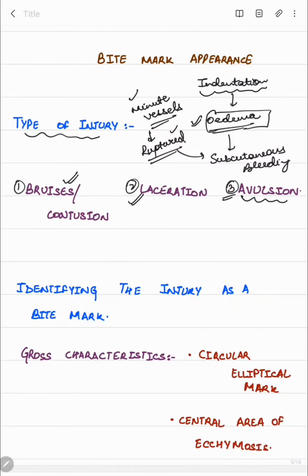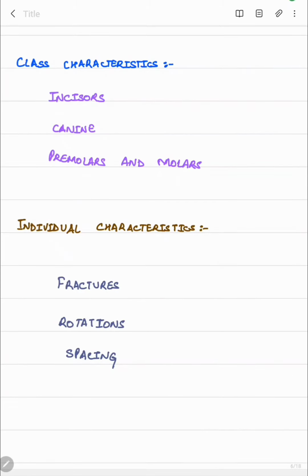Identifying the injury as a bite mark. The bite mark has characteristics such as circular or elliptical marks, which are basically due to the upper and lower arches, and a central area of ecchymosis, which is basically due to tongue pressure, right? Then class characteristics depending upon the tooth involved.